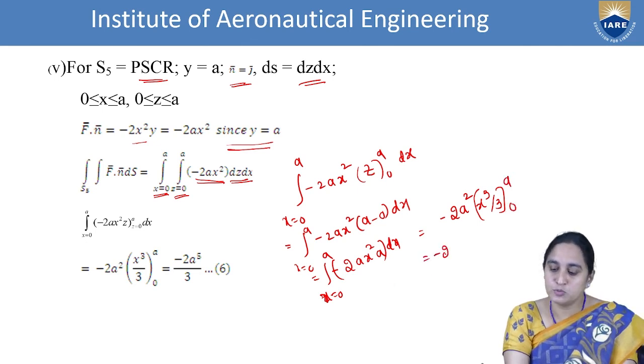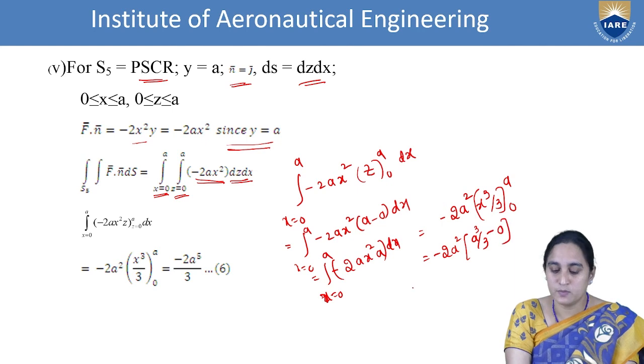That is minus 2a square into a cube by 3 minus 0, which is equal to minus 2 a power 5 by 3.